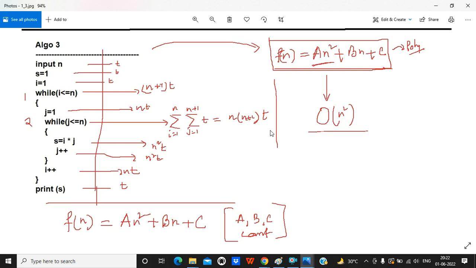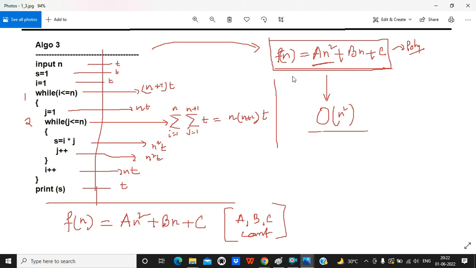Two levels. So if your algorithm contains this type of loop, then this algorithm can be represented using a function on n, that is a quadratic function, n square plus bn plus c.